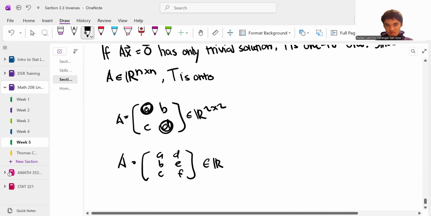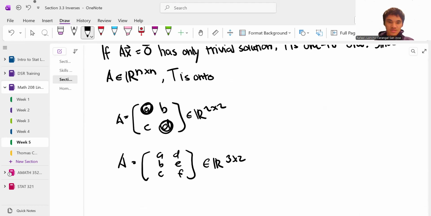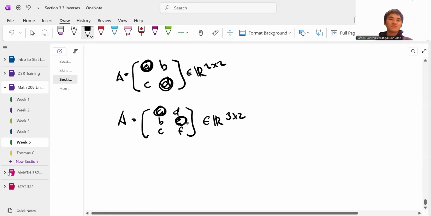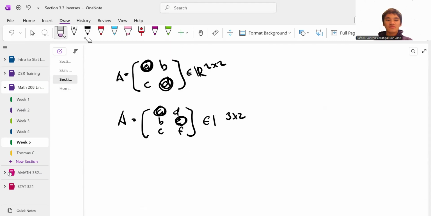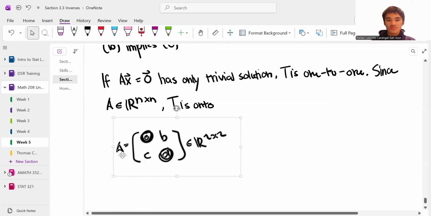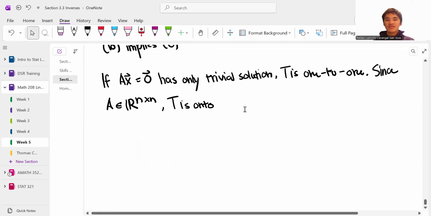This one is a 3 by 2, so this is not square. There could be a pivot here, there could be a pivot here. Oh, there's no pivot in the other row. So we need to have a pivot in the other row. Okay. So T is onto if there's a pivot in every row of that square matrix.